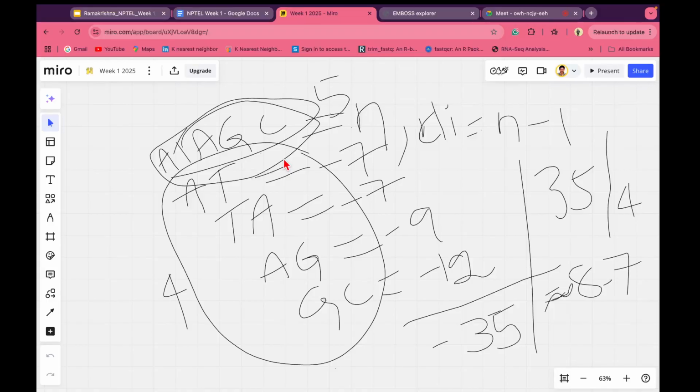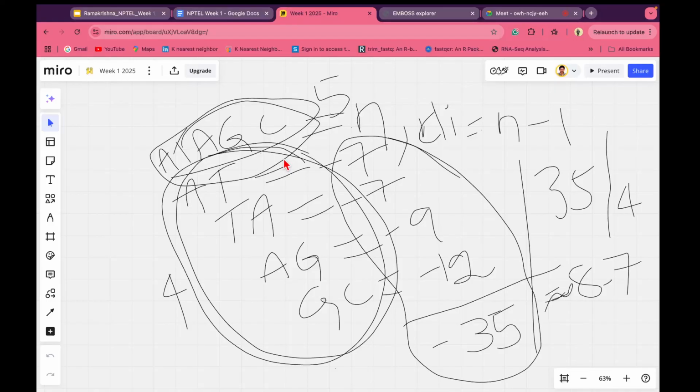So first initially I have considered all possible dinucleotides, then calculated the sum of their average hydrogen bonding energies, then the sum divided by the number of dinucleotides.